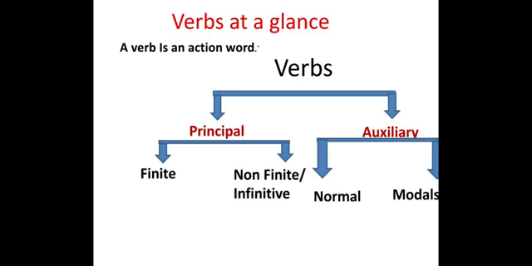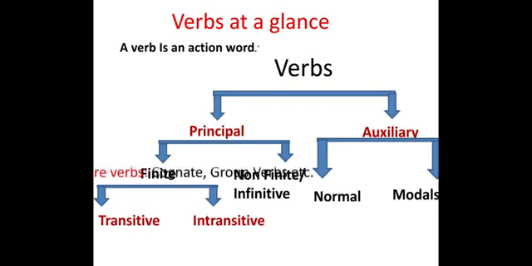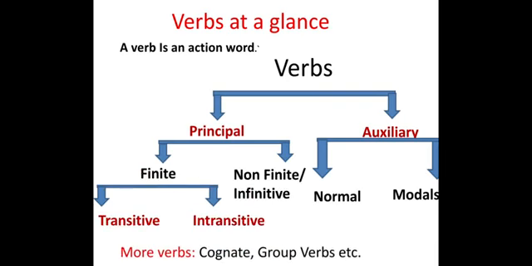Auxiliary verb is of two kinds, that's normal auxiliary and modals. Finite verb is of two kinds, that's transitive verb and intransitive verb. There are more verbs like cognate and group verb, which I have explained before. So that's all for today.